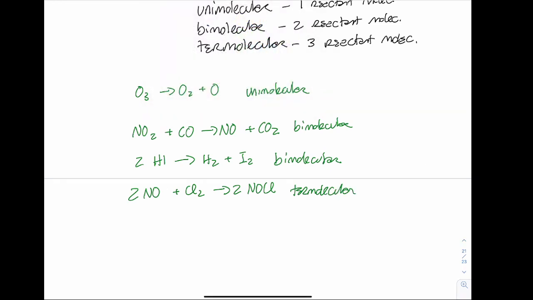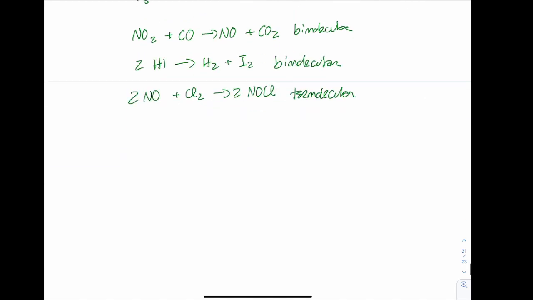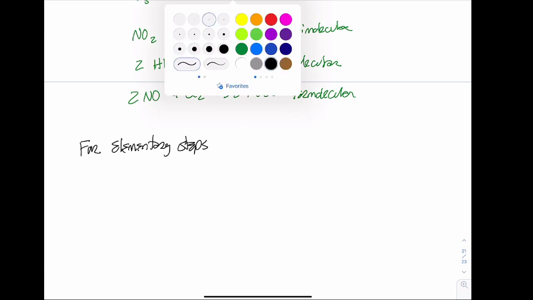We can write the rate laws for elementary reactions based on their molecularity. And this only works for elementary steps. We cannot do this for the overall reaction. So for elementary steps, and again, it's really important that it's only for elementary steps.